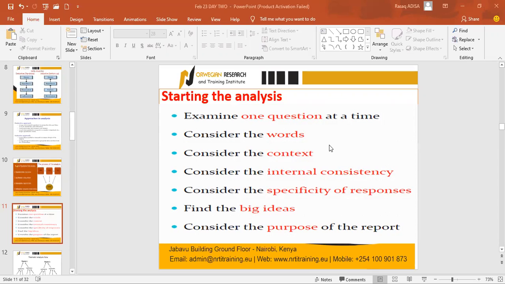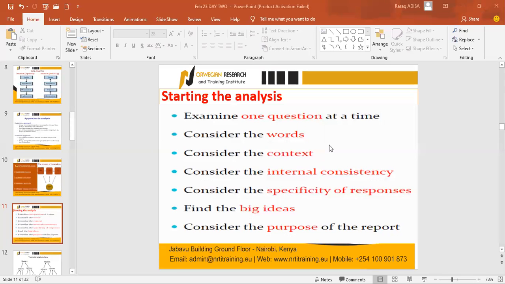Then consider the context under which the source is talking. You recollect yesterday that we said when you are going to the field to collect data, always ensure you go with field notes. A field note is the note where you record some non-verbal communication.